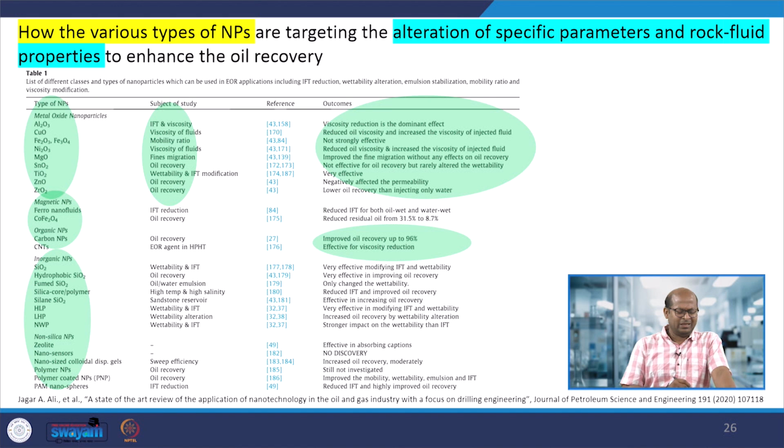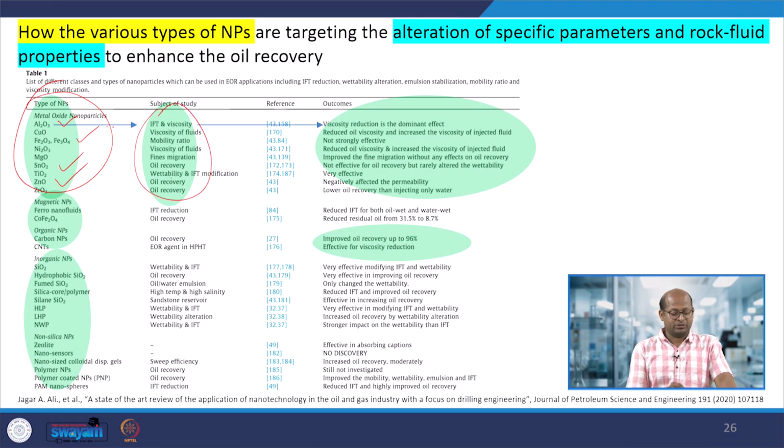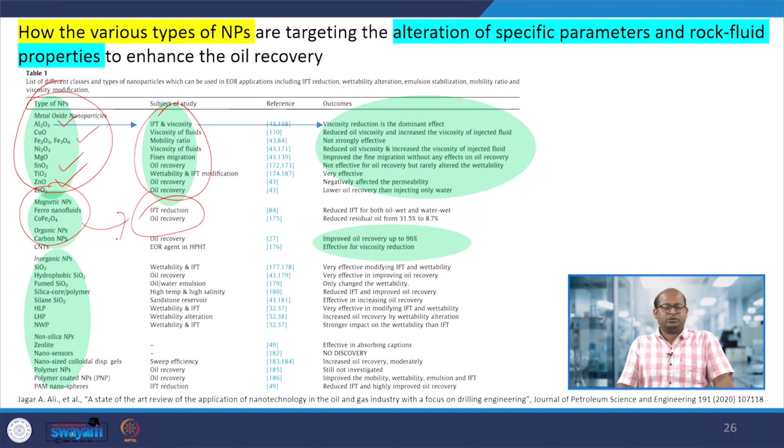Here a list of different types of nanoparticles is given: alumina, copper, ferric oxide, nickel oxide, magnesium oxide, tin oxide, titanium, zinc oxide, and how they work. They change the interfacial tension and viscosity, and as a result increase the oil recovery from the rocks. These are the different nanoparticles and how they work when used with polymer-based or surfactant-based fluids to prepare nanosurfactant or nanopolymer-based nanofluids.